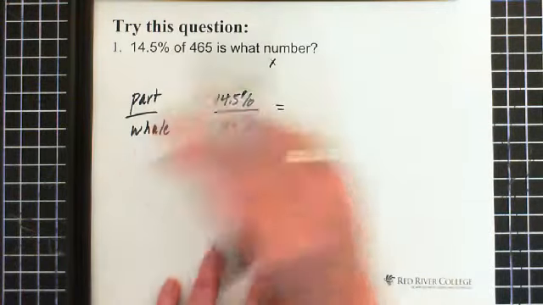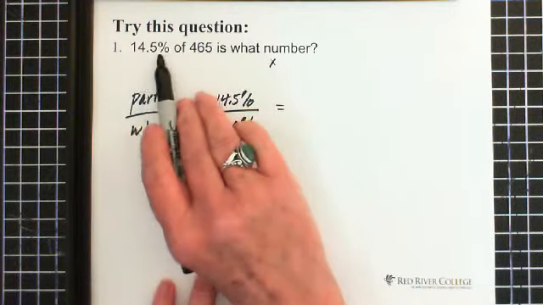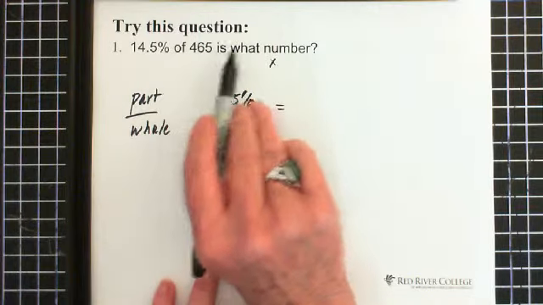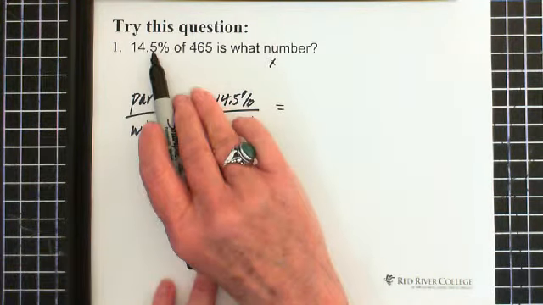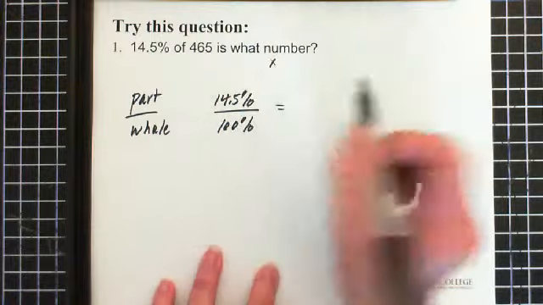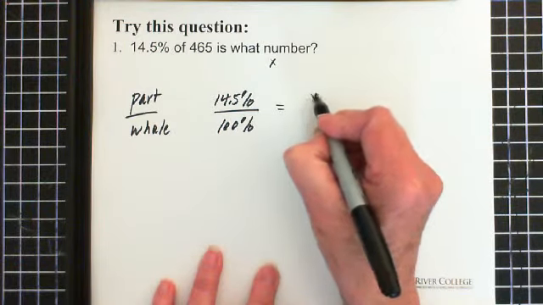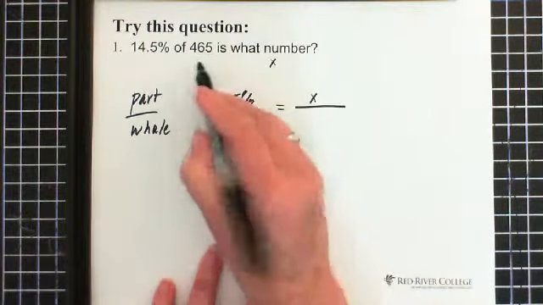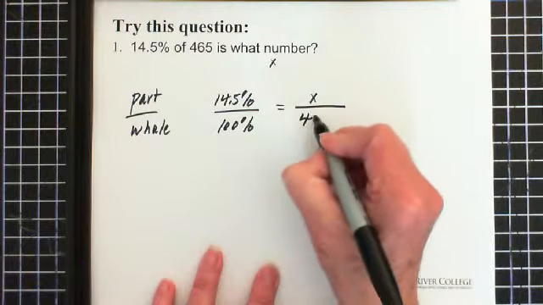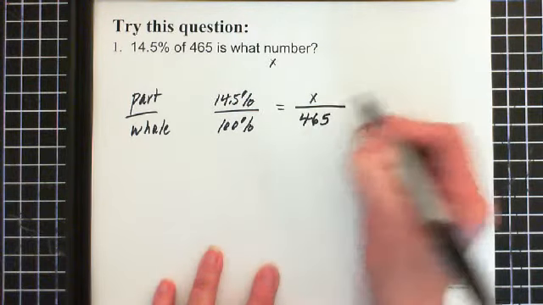One way of reading the question is saying 14.5% of something is this. So the 14.5% is this number. So this is our unknown, the part, and the whole is the 465.